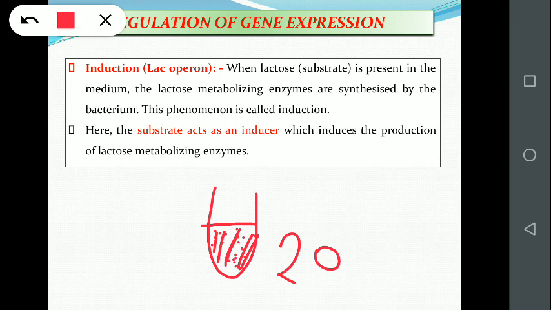Every 20 minutes it divides and forms two cells from a parent cell, so continuously it grows. For this we have to add all the essential nutrients like carbohydrates and proteins, and some minerals, and we have to adjust the pH.